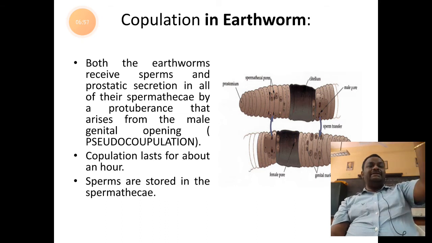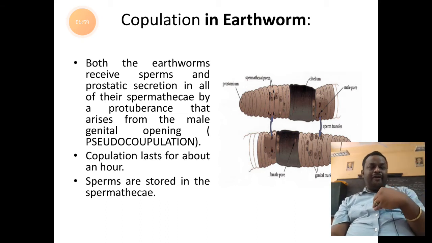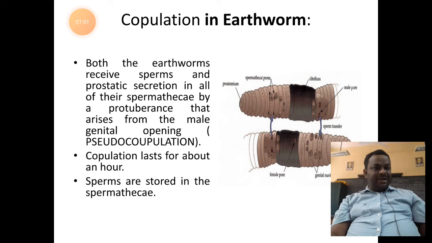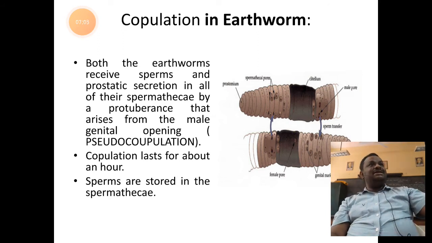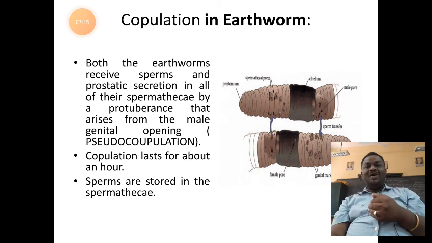So simultaneously there is exchange of the male gametes between these two organisms, and this mutual exchange of sperms between two earthworm organisms is called pseudo copulation.